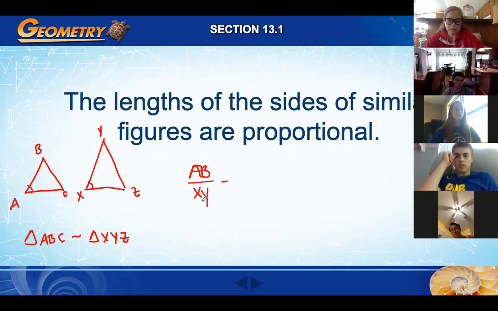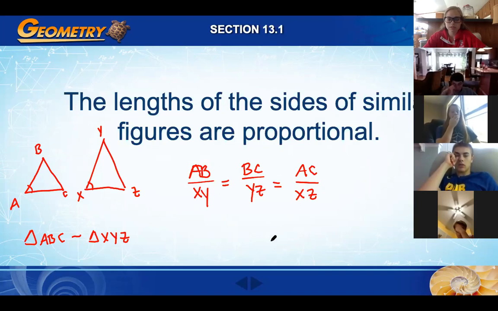Which means side AB would be over XY. Those are corresponding sides. So AB over XY would be equal to, or proportionate to, side BC over YZ, which would also be proportionate to the last corresponding sides, over XZ. All of these sides, we can set them up as proportions.